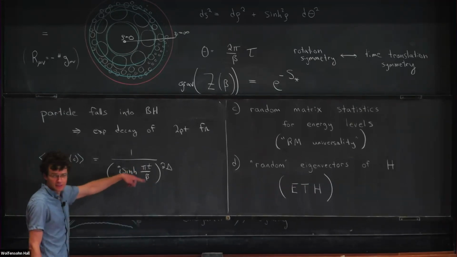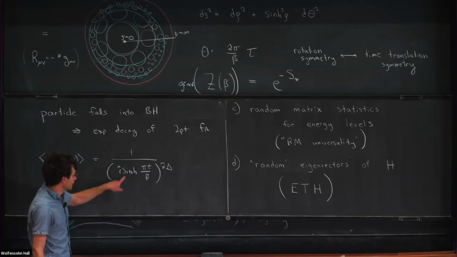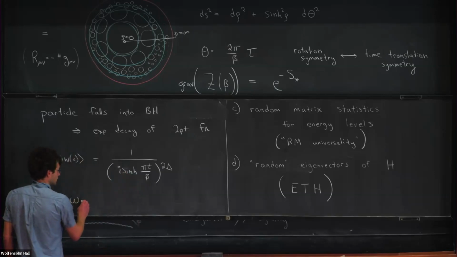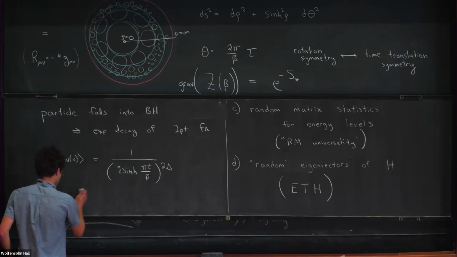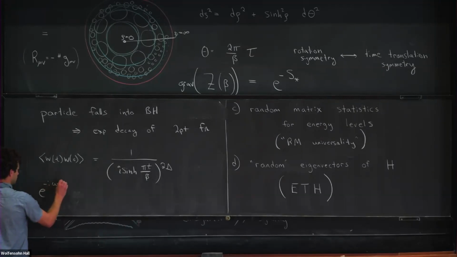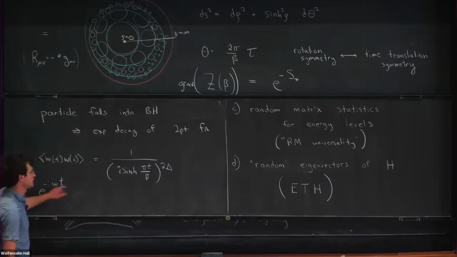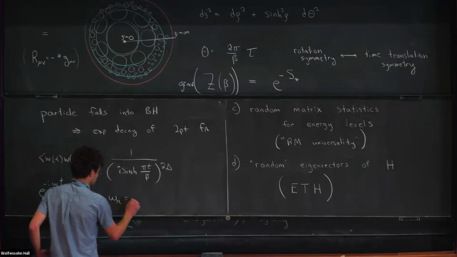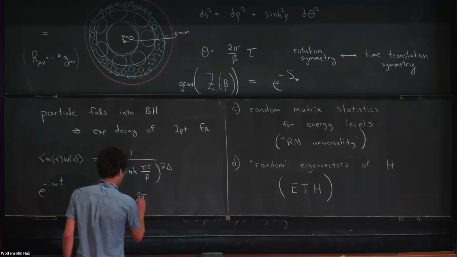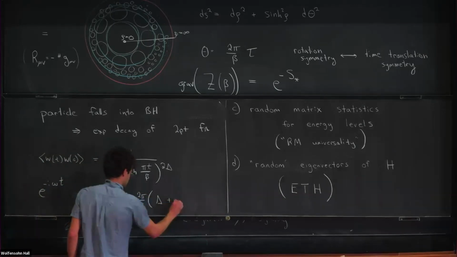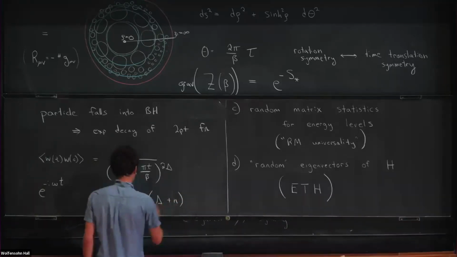We can expand this expression at large time, and we find that it is exponentially decaying. We expand it like e to the minus i omega t and see what spectrum of omegas appear in this function. And the omegas that appear are 2 pi over beta times delta plus n times minus i.